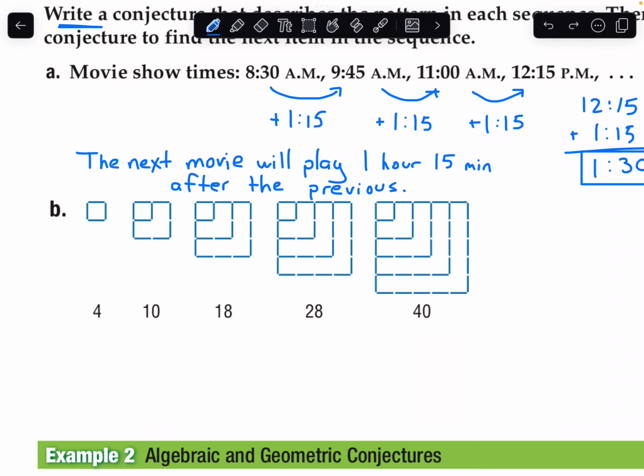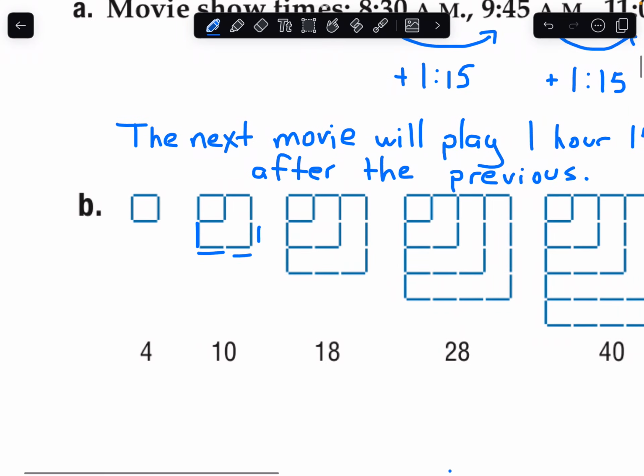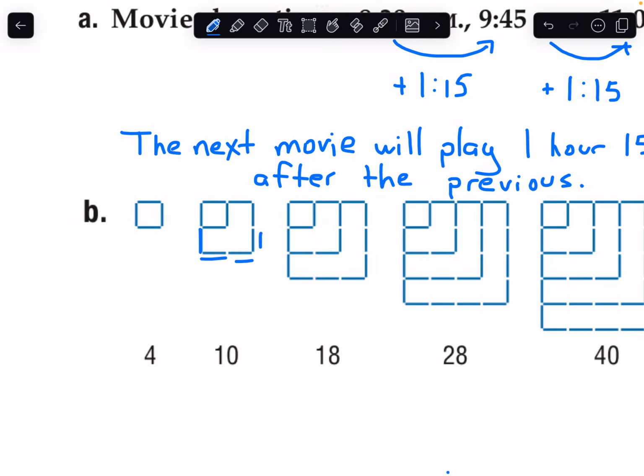On to section B. We've got a square here made out of segments. And then onto that square we have drawn some additional segments. It took 4 segments to make the square, of course. You can think of this as a classic toothpick or matchstick puzzle. And then it took 1, 2, 3, 4, 5, 6 more for a total of 10.